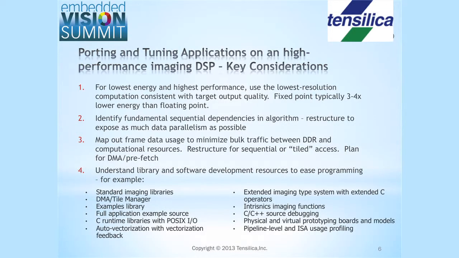And I would say, one of the first things to think about is what is the data type and resolution that's really required by the application. Because clearly you would like to use the lowest resolution, highest parallelism data types that are available in your platform consistent with target output quality. And you really have to measure that target output quality.